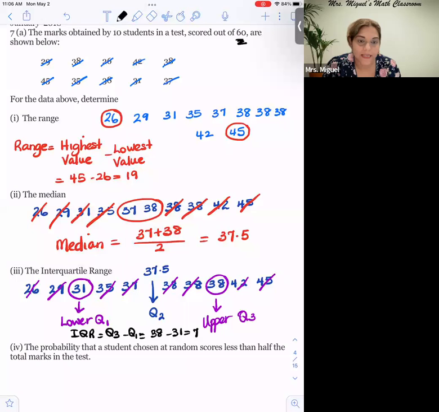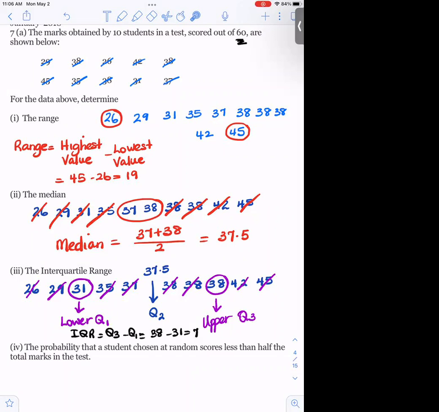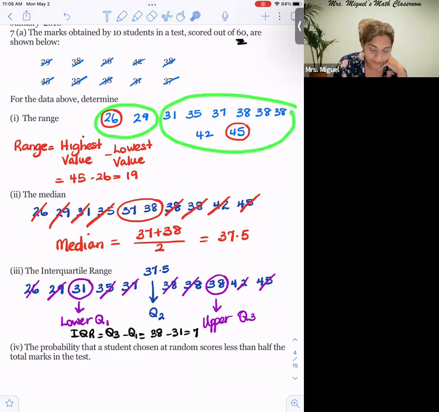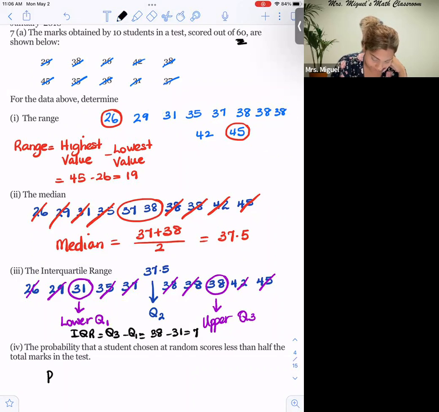How many scores are less than 30? Two, and those are 26 and 29. So 2 scores out of 10 are less than 30. So the probability that a score X is less than 30 is 2 out of 10, which is 1/5.